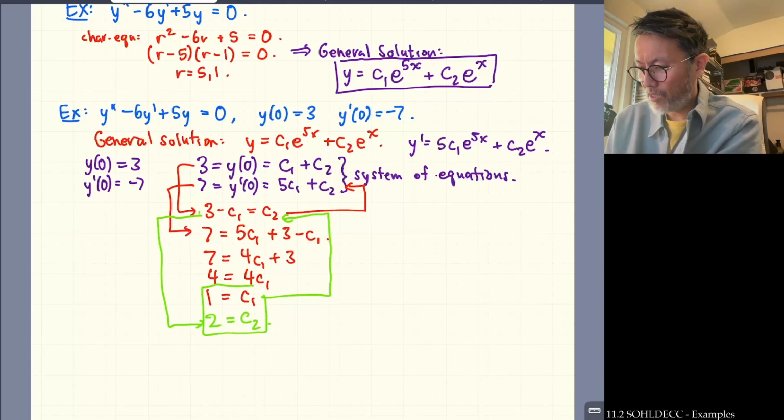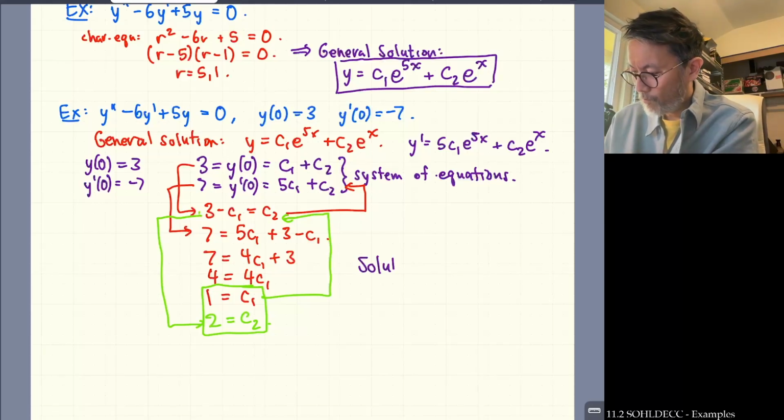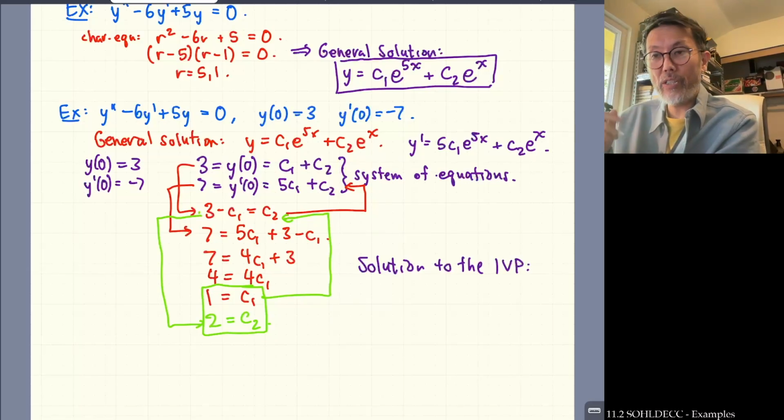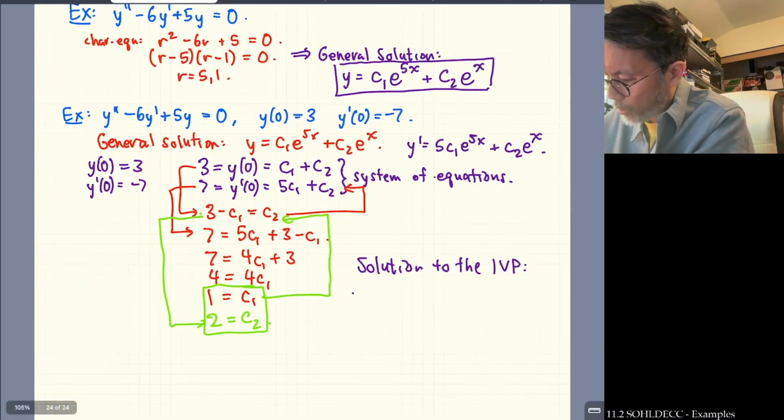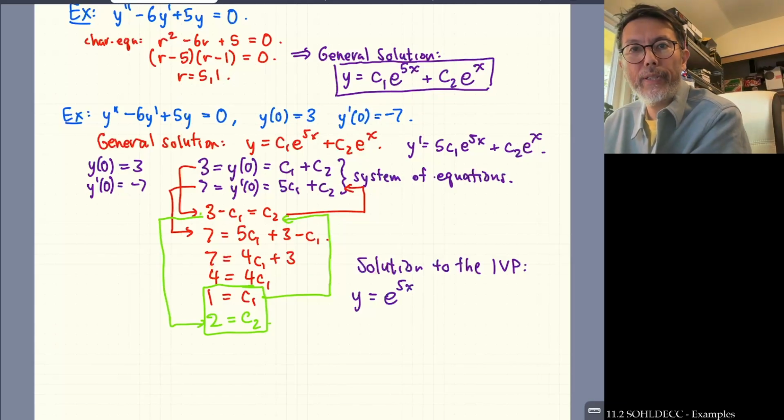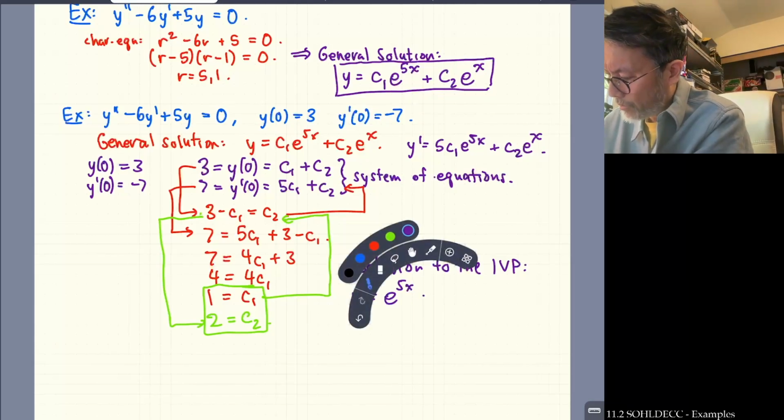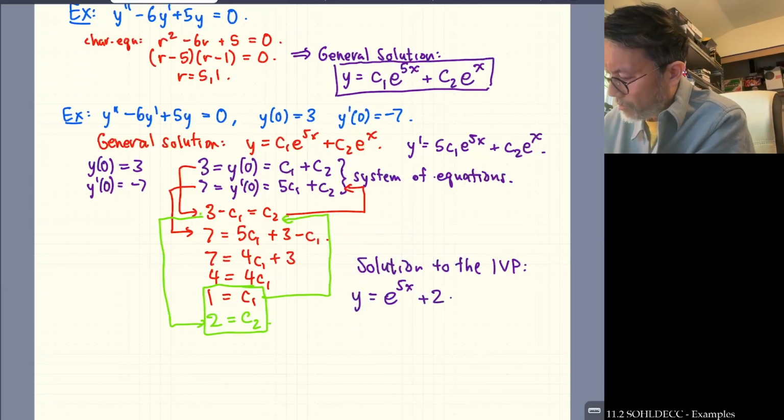So this gets me C1 and C2, meaning that my solution to the IVP, that is the differential equation together with the initial conditions, is given by y equals C1, which is 1, so e to the 5x, nobody bothers writing 1 out front, plus 2 times e to the x.